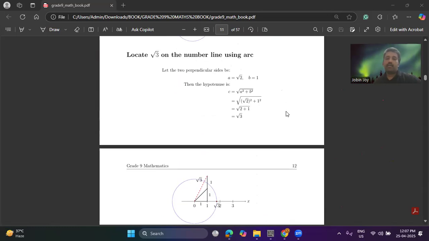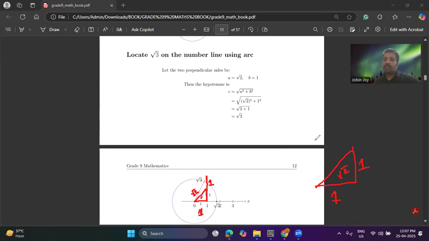One more example: how will you locate root 3 on the number line? Same principle. First we start with the base 1, then draw the altitude 1, then find root 2. So this is root 2. From that, I will draw another triangle. This altitude is 1. I will mark here so that you can easily understand: starting from the base, this is 1, this is 1, this is root 2.